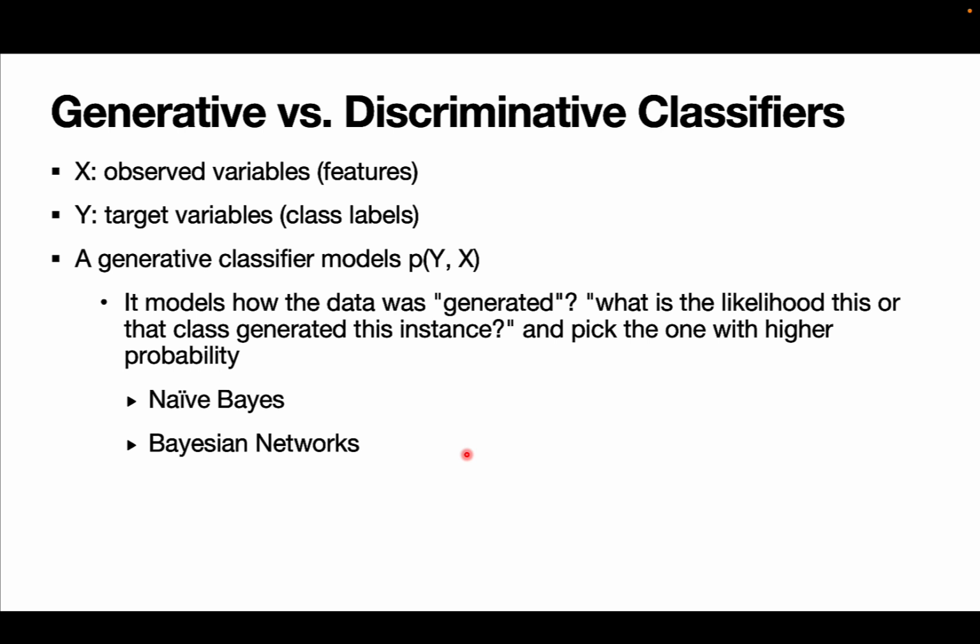Another distinctive issue in the topic of classification is whether the classifier is generative or discriminative. Generative classifiers like naive Bayes or Bayesian networks model how the data is generated. We compute likelihoods and then we pick the one with higher probability.